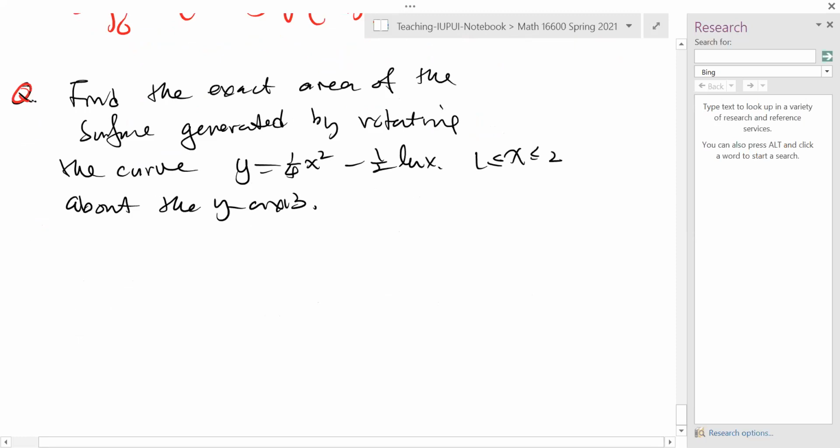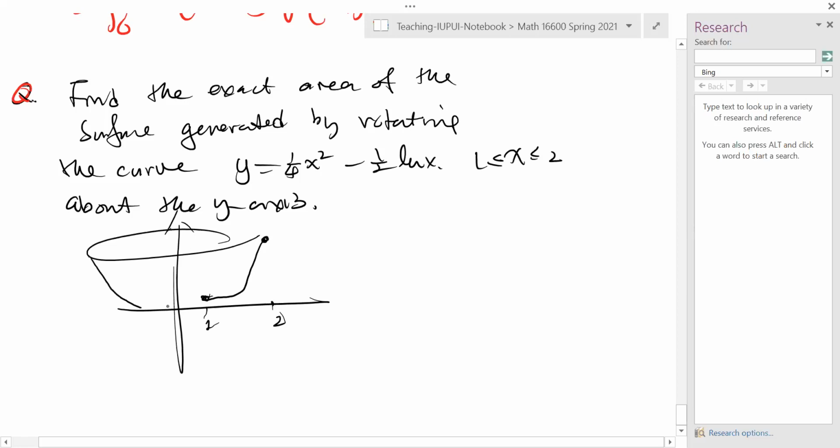Right. So this time the equation is given by a function. Okay. Step 1, you have to draw the graph. When x equals 1, and somewhere here, when x equals 2, the rotation is about the y-axis.